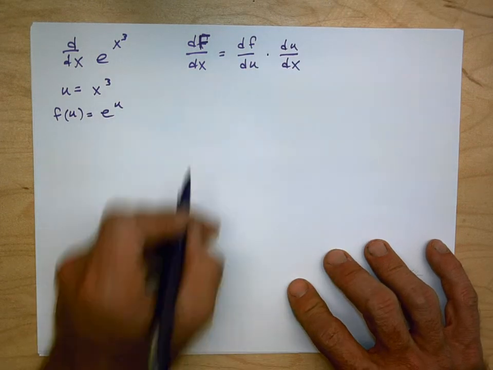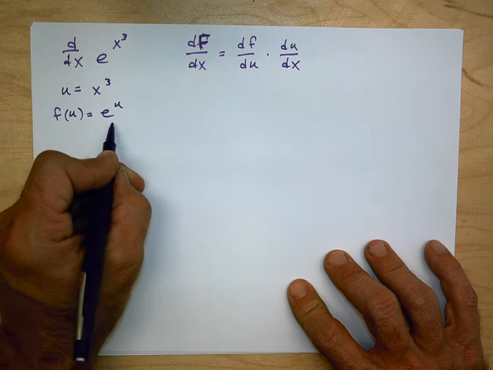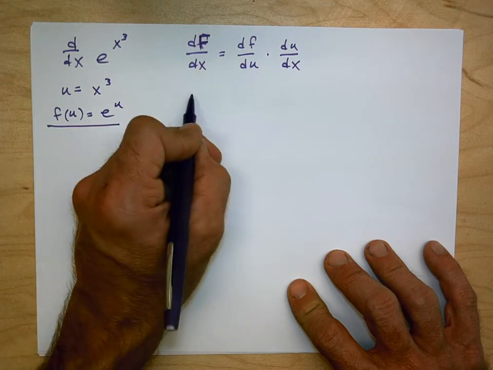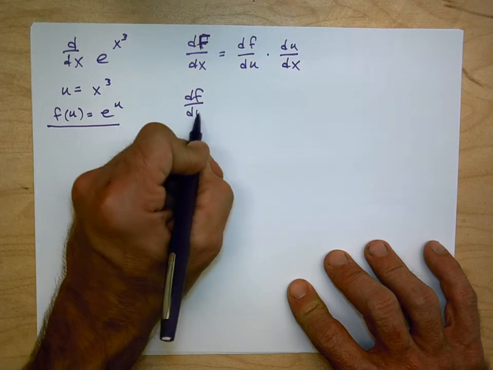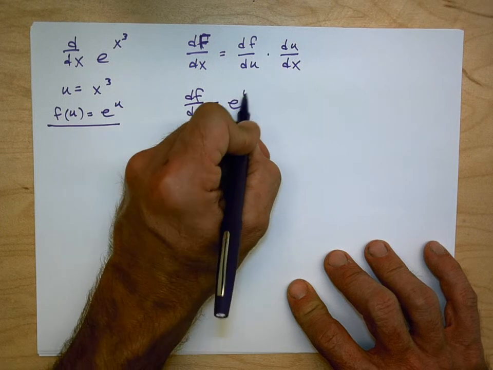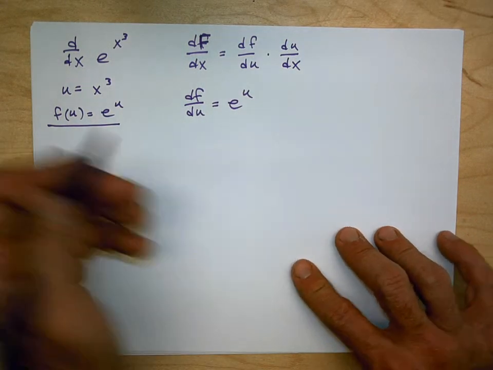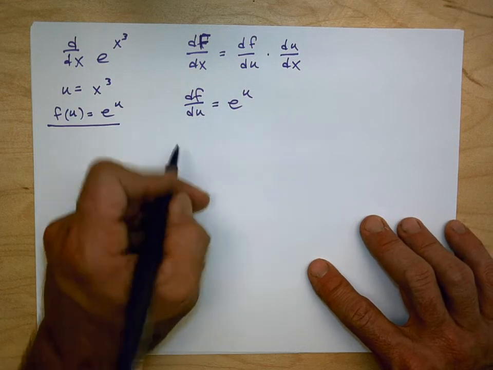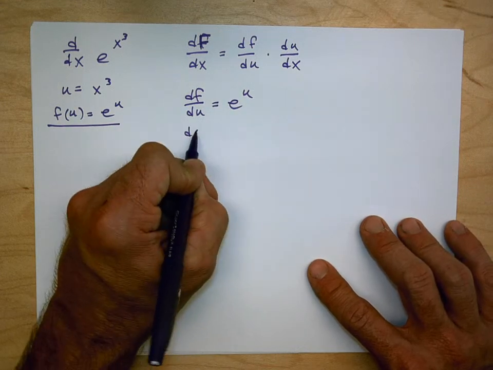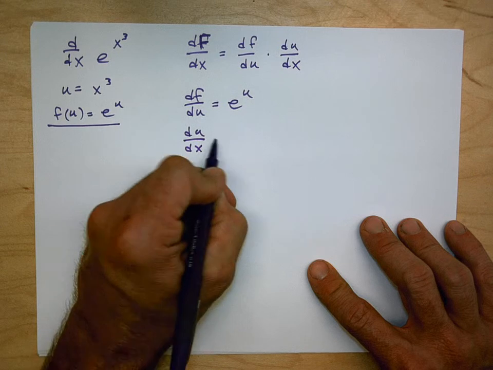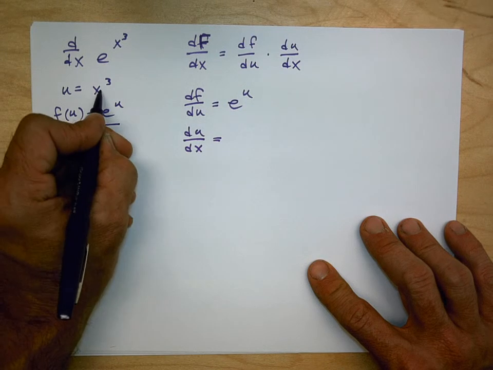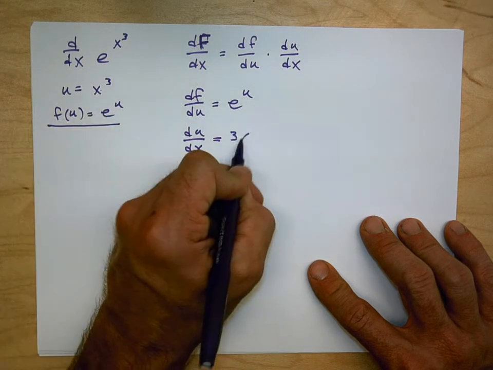First let's get df/du. Here is f, so the derivative of f with respect to u is just e to the u. The derivative of e to the x is e to the x, so if I have e to the u, then it's just e to the u. Then du/dx, taking the derivative of u with respect to x, is just 3x squared.